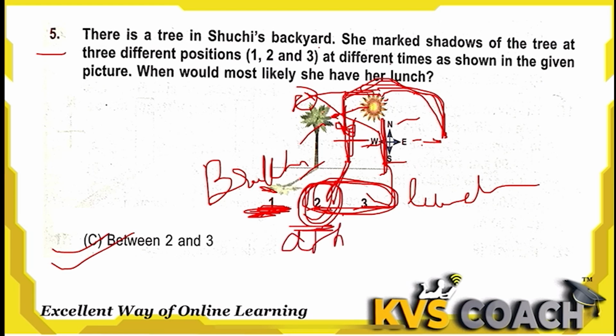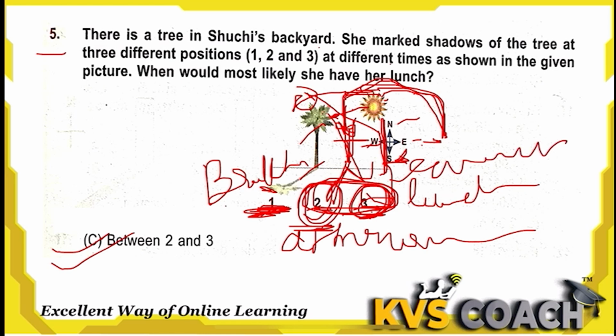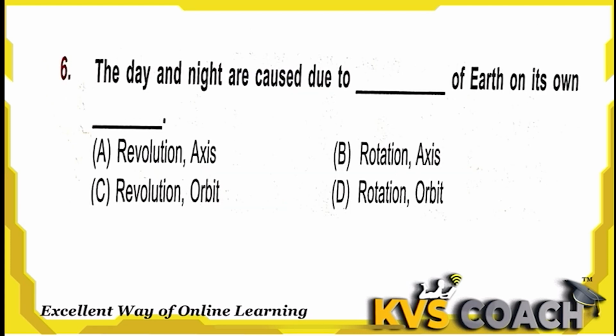When the shadow is almost south, between south and east, this is evening time, around 3 or 4 o'clock. So this is evening, this is breakfast time, and this is afternoon time. So she will take lunch between 2 and 3.